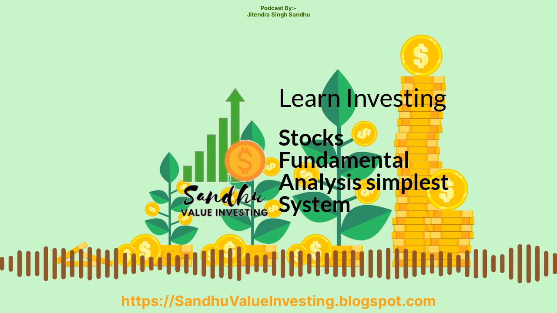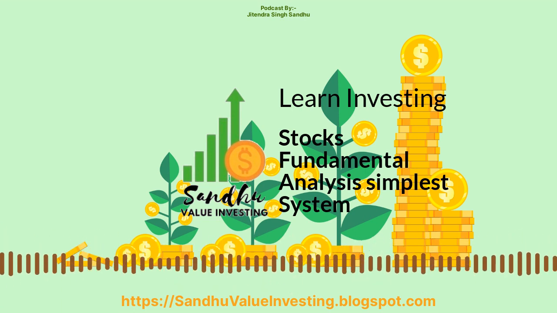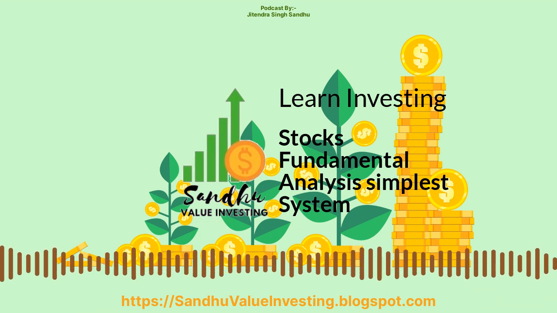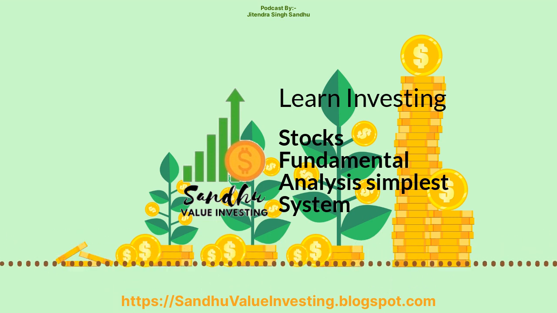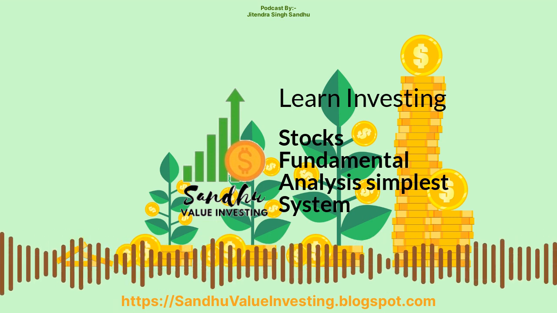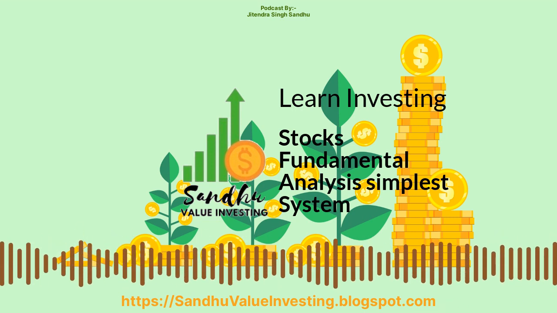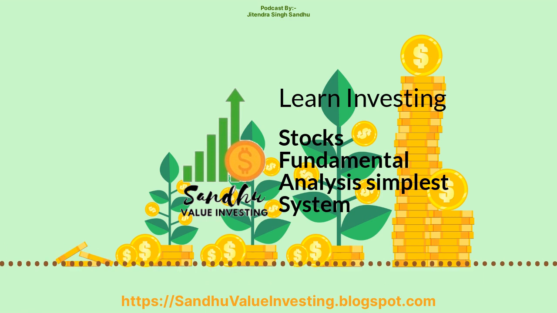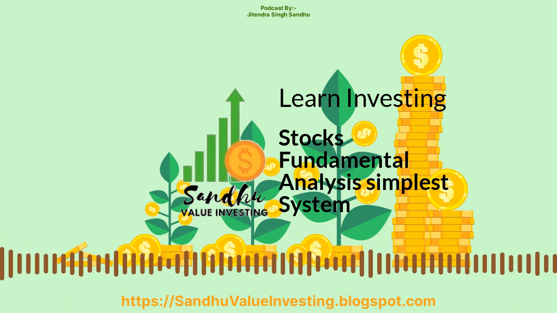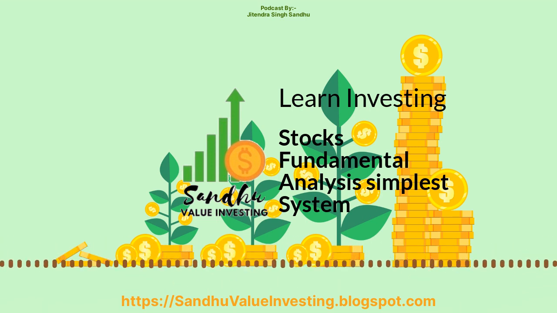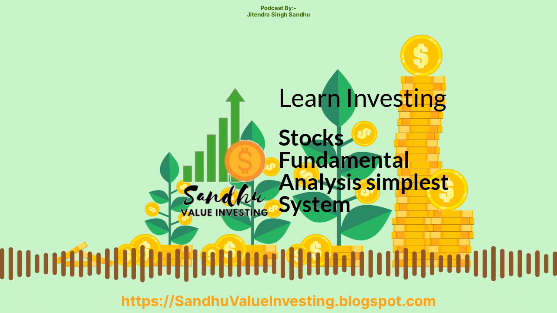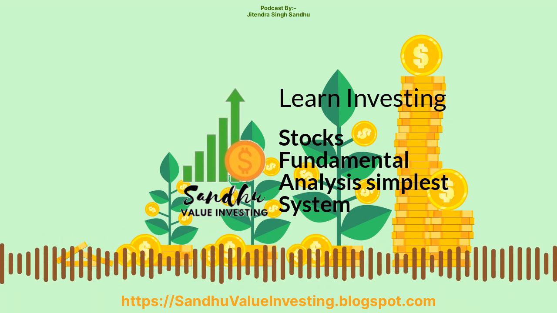To do that we have made a system, and that system is governed through a notebook. In that notebook you have to record the date on which you are doing the fundamental analysis, then the stock name, its price at that point, the quantity you bought, the stock's volatility ratio, which we also call beta, and then the stock P/E ratio and the sector P/E ratio.